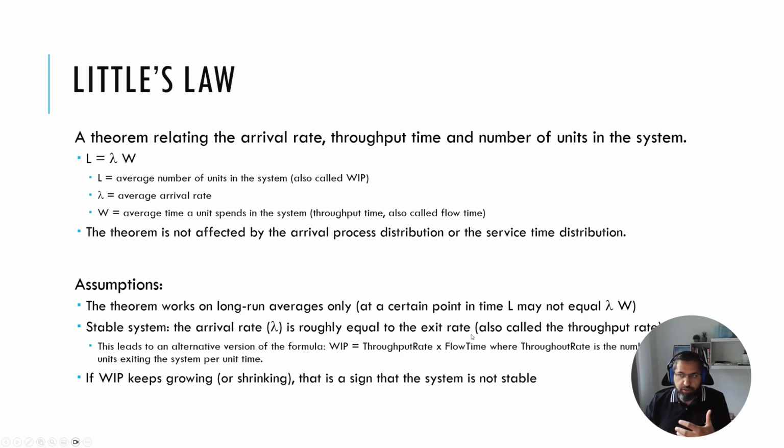You might say, well, I learned Little's law as L equals lambda W. Well, it's exactly the same thing. They're just calling L as WIP, they're calling W as flow time, and throughput rate is slightly a different thing. It's the exit rate, where lambda is the arrival rate, but in steady state, in a long run average situation, they should both be equal for a stable system. So lambda equals the throughput rate, so you could plug that in.